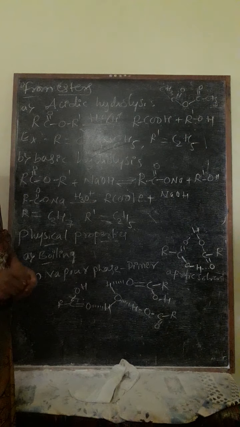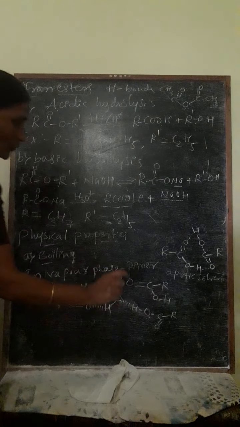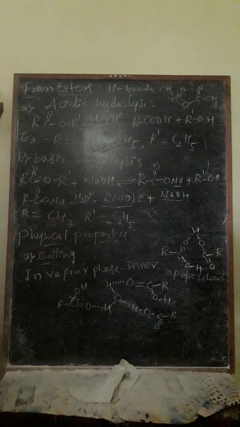So due to this hydrogen bonding, if you compare the boiling point and solubility of carboxylic acids, definitely they are said to be having more, because hydrogen bonding exists between the two carboxylic acids or between the different molecules.